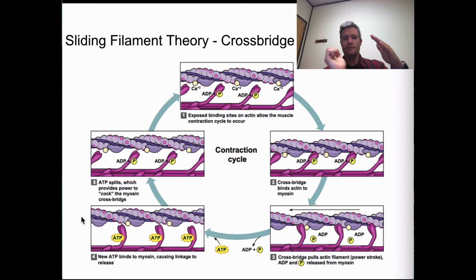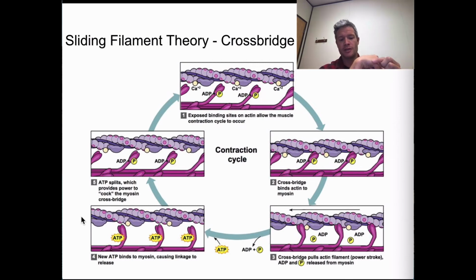Okay, so if there is no ATP present at this point in time, and we just had ADP and phosphate, the myosin actin cross bridge would stay in that pulled, non-reset state. But again, we get ATP that comes in, and it causes a release. So it releases from the actin. What's important about getting a new ATP on the myosin head?